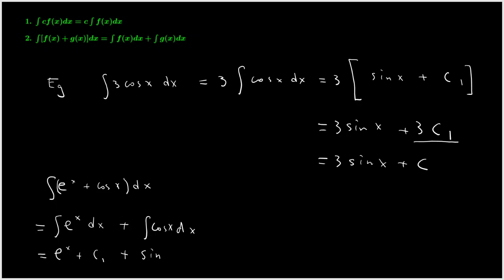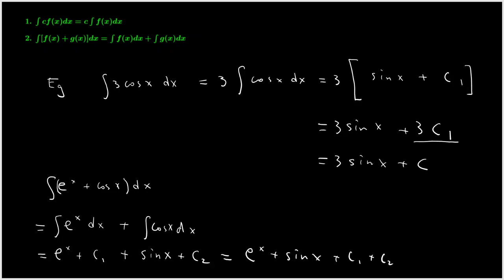You need a particular antiderivative of cos of x, which is sine of x, and then plus another c2. For the same reason, you can combine c1 and c2. I'm going to write that in one more step: e to the power of x plus sine of x plus c1 plus c2.